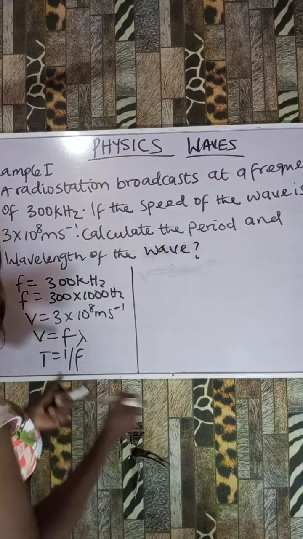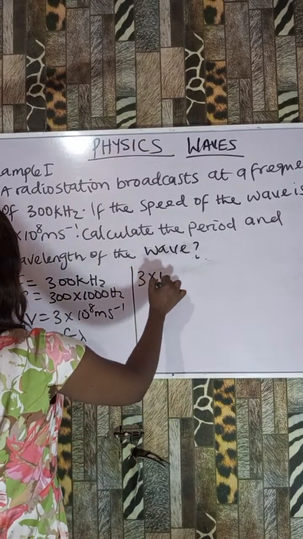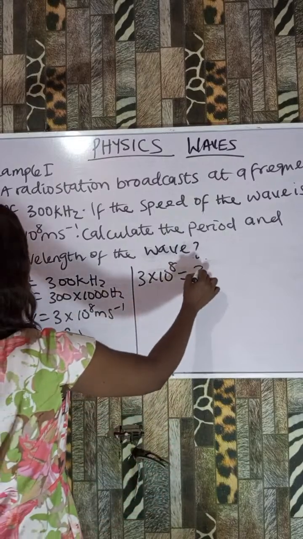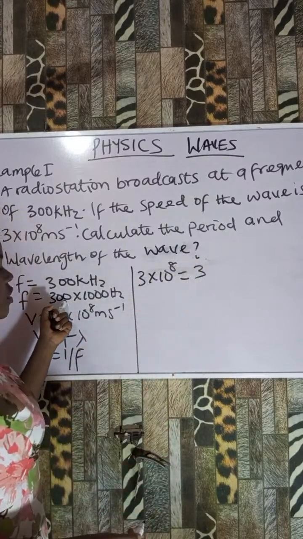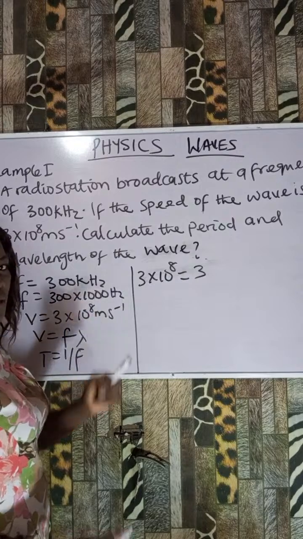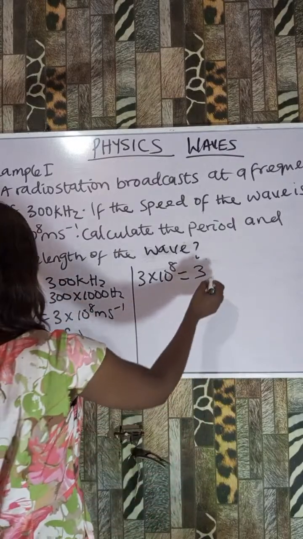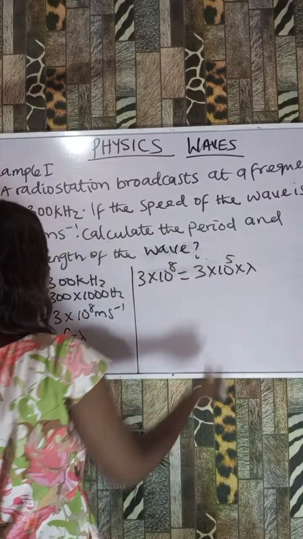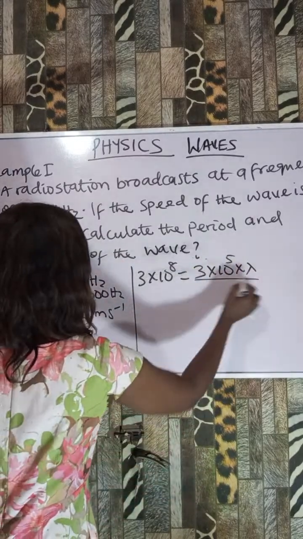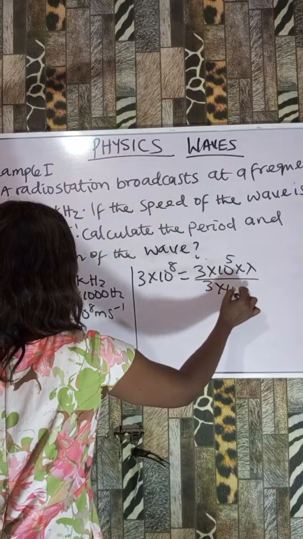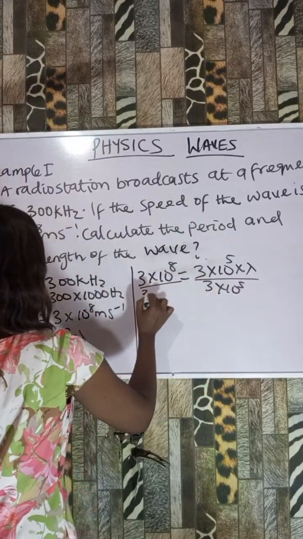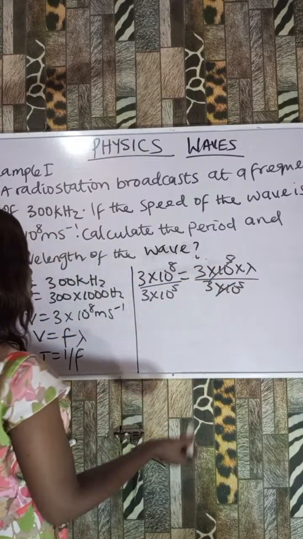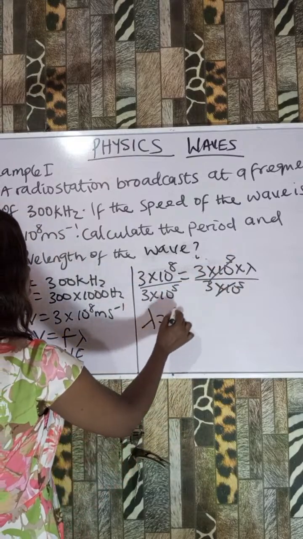So my V, 3 times 10 raised to power 8, is equal to F, which is 300 times 1000, that is 10 raised to power 5. So we say 3 times 10 raised to the power 5 times lambda, okay? So I divide both sides by the coefficient of lambda, which is 3 times 10 raised to the power 5, right?